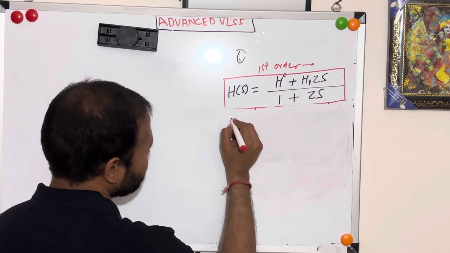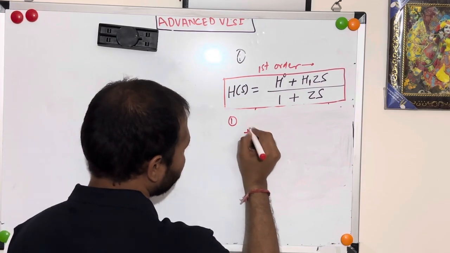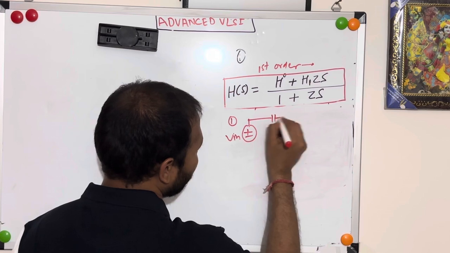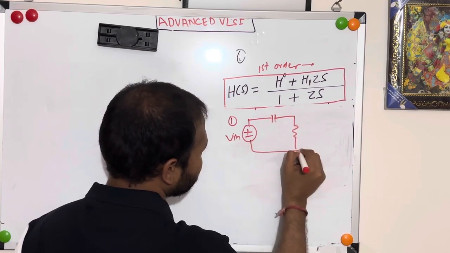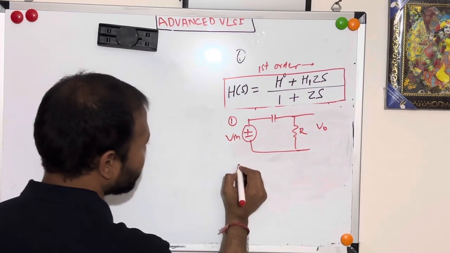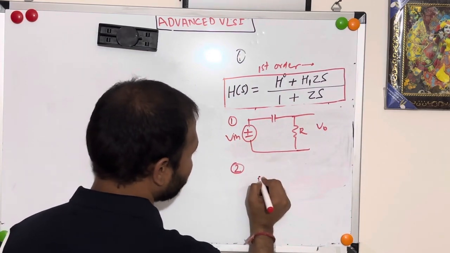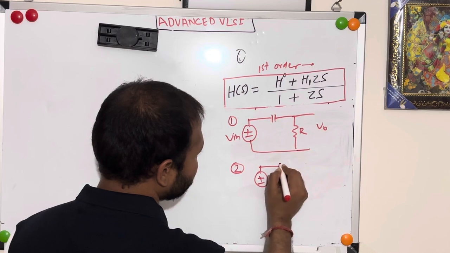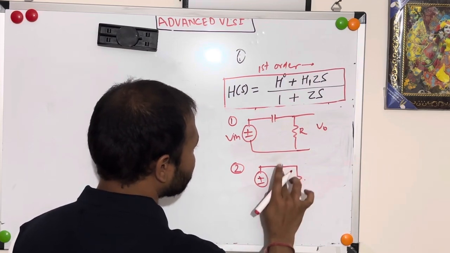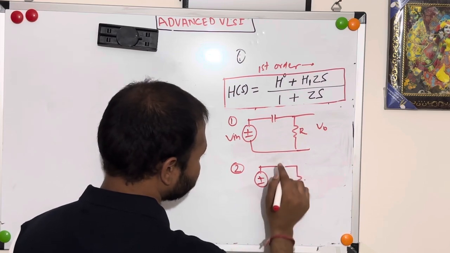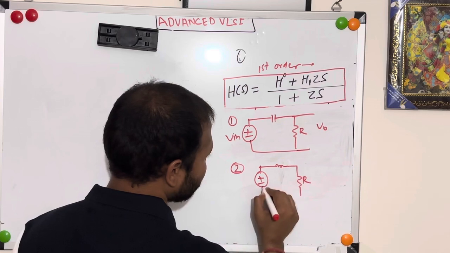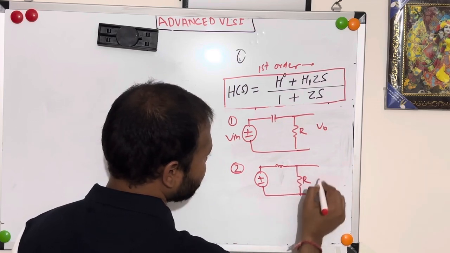This is the first question that I have: plus minus, this is V in, this is the capacitor, this is resistance. Find the V out using this formula. Second one is plus minus, this is capacitor, this is resistor, and this is inductor, this is resistance, and find the V out.